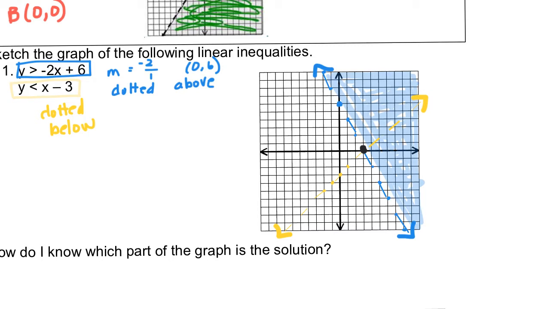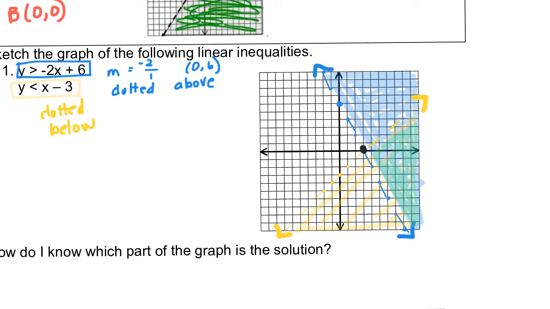We're going to be shading below this line. And so as you can see, there's going to be some intersection where the yellow and blue make green. So where the yellow and blue make green is the solution to the system of inequalities.